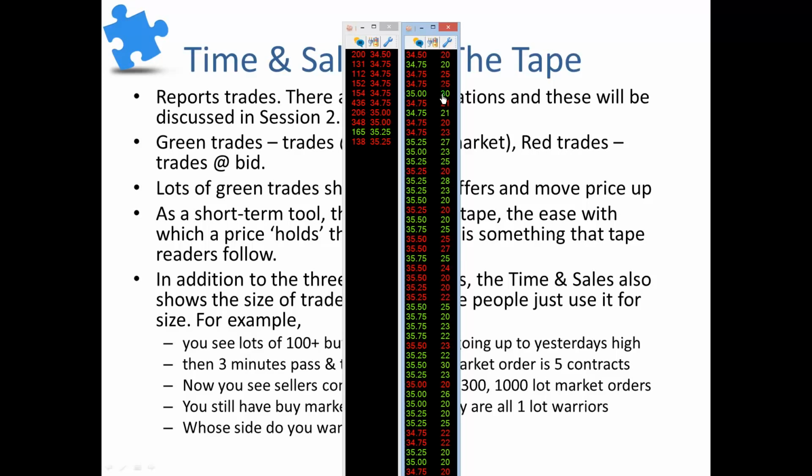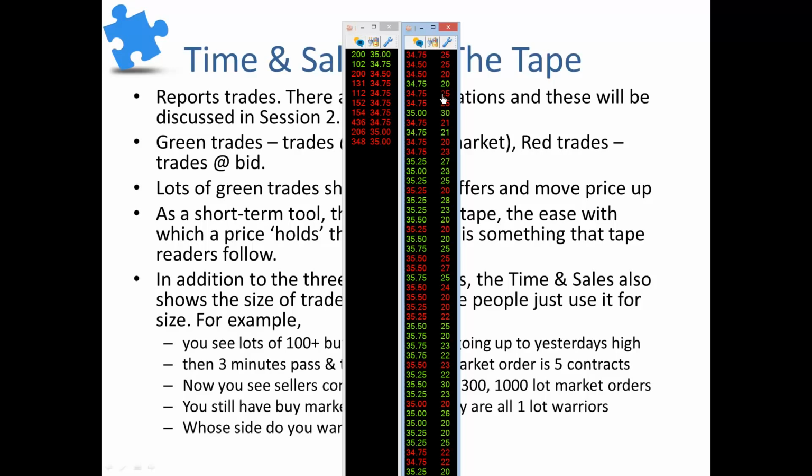We're going to see green prints, and all those prints at the same price. So we see buy market orders, but the price not changing. Obviously, you're still going to get some red prints, but in an up move you're going to have overall more green than red, and you're going to see that green continue, but the price will just keep printing the same price.